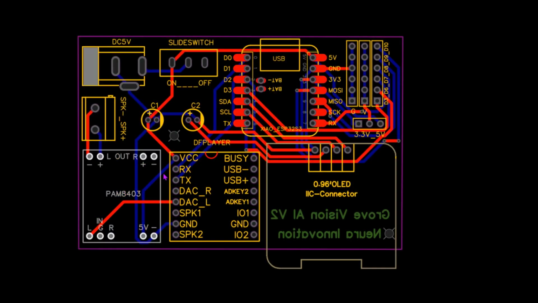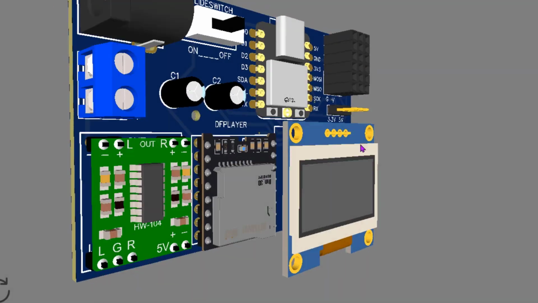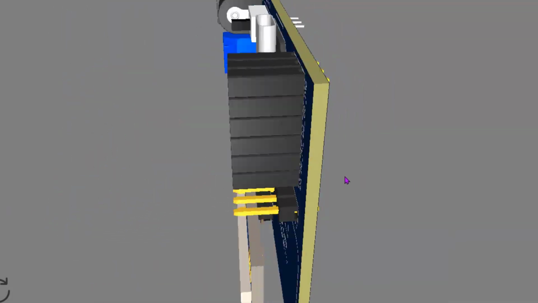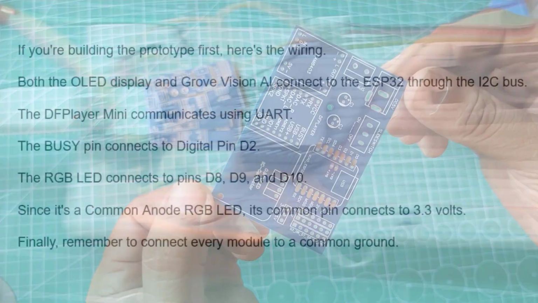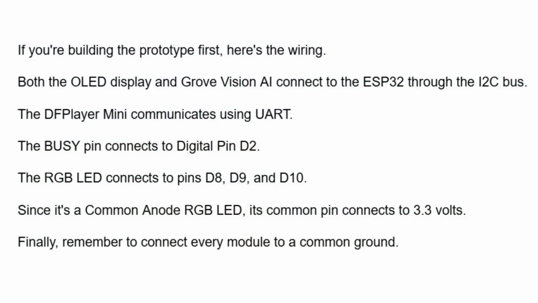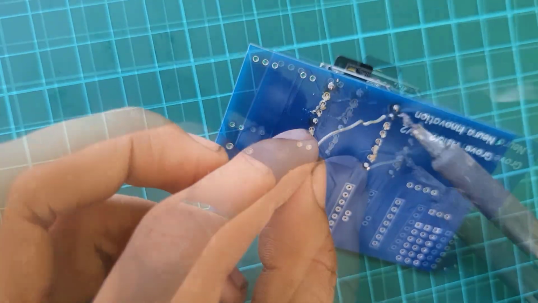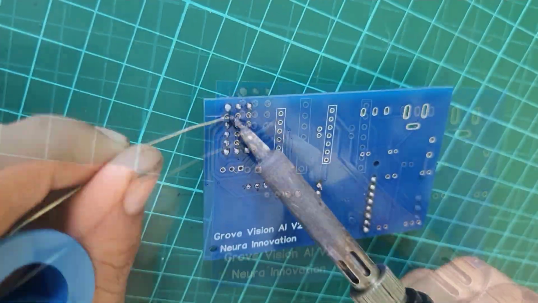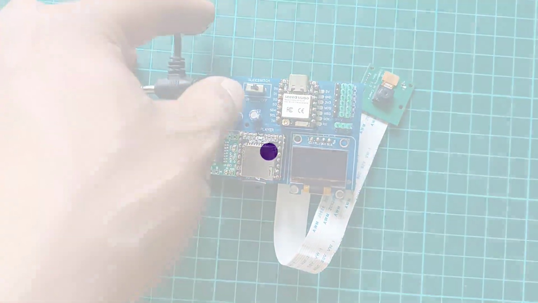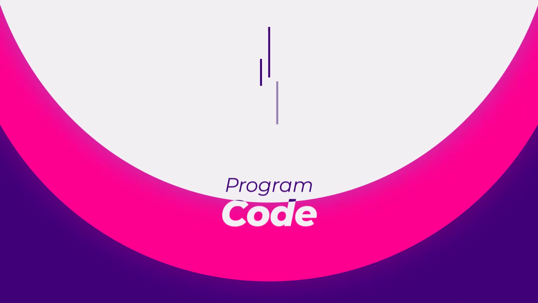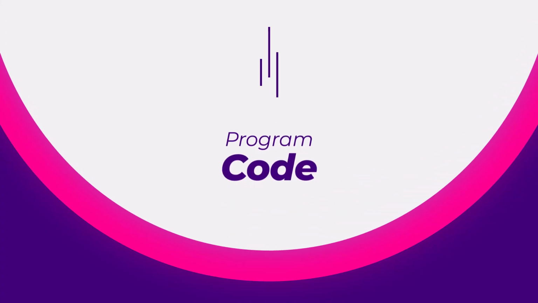To make the project compact and professional, I designed a custom PCB. You can download the Gerber files from the link in the description. If you're building the prototype first, here's the wiring. Programming.